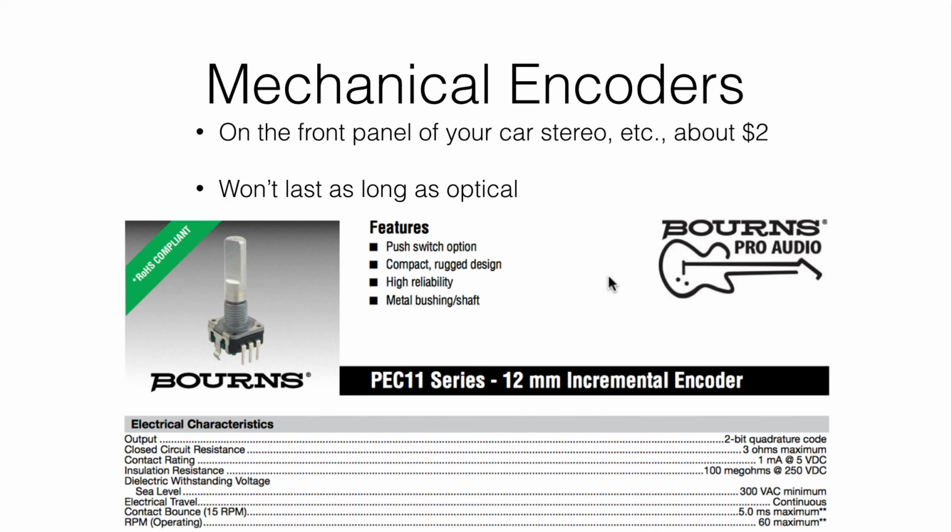Now, mechanical encoders incorporate the same kinds of ideas for incremental encoders. However, they won't last as long as either optical or magnetic encoders, because there are actual switch contacts in there making contact to detect how far things have rotated. The place where you would typically find a mechanical encoder is on the front panel of your car stereo.